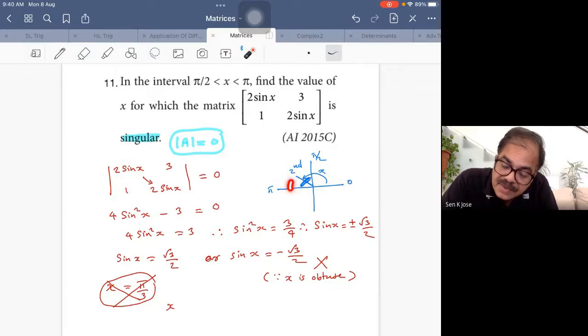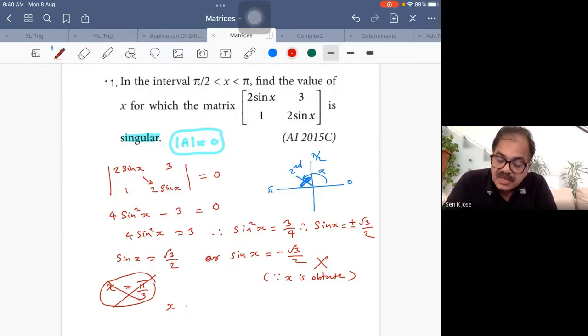It is 60 degrees here, and 180 degrees minus 60 is 120 degrees. So to make it in the second quadrant, you take pi and go back: pi minus pi by 3, so 2 pi by 3.